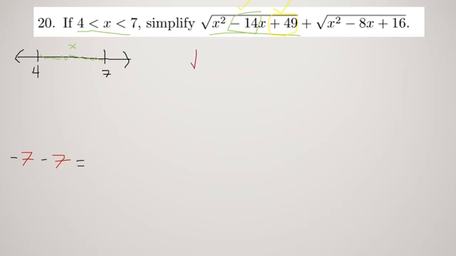So, yung factored form niya is x minus 7, x minus 7. Okay?